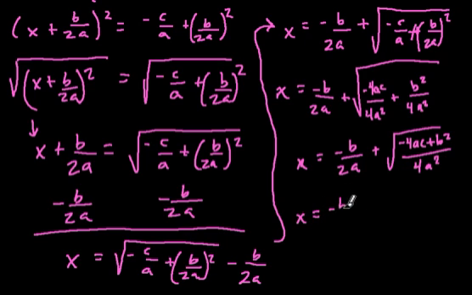Now we have minus b over 2a plus, in this case, we can switch the order, so it's b squared minus 4ac. Instead of minus 4ac plus b squared, we switch the order. And when you have the square root, I'm running out of room, I can write it over here.